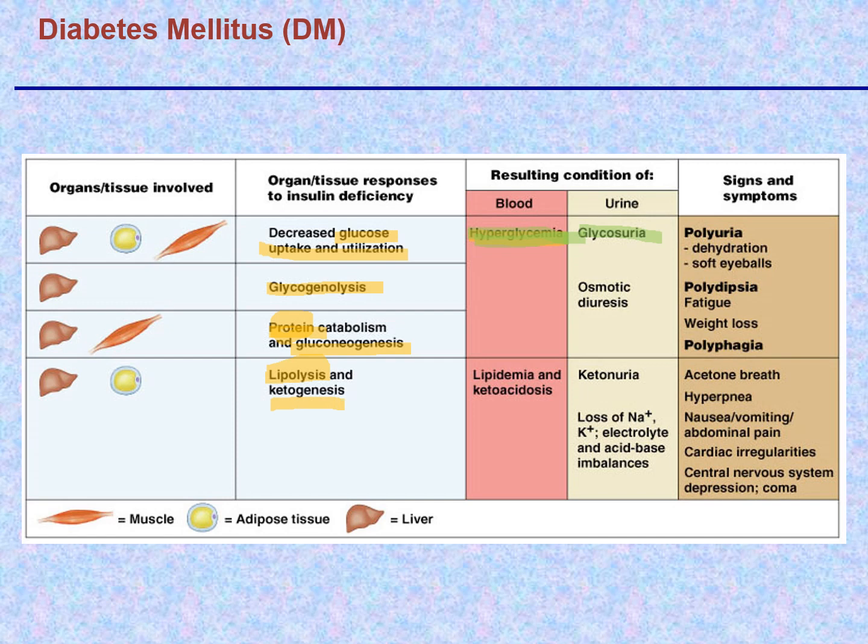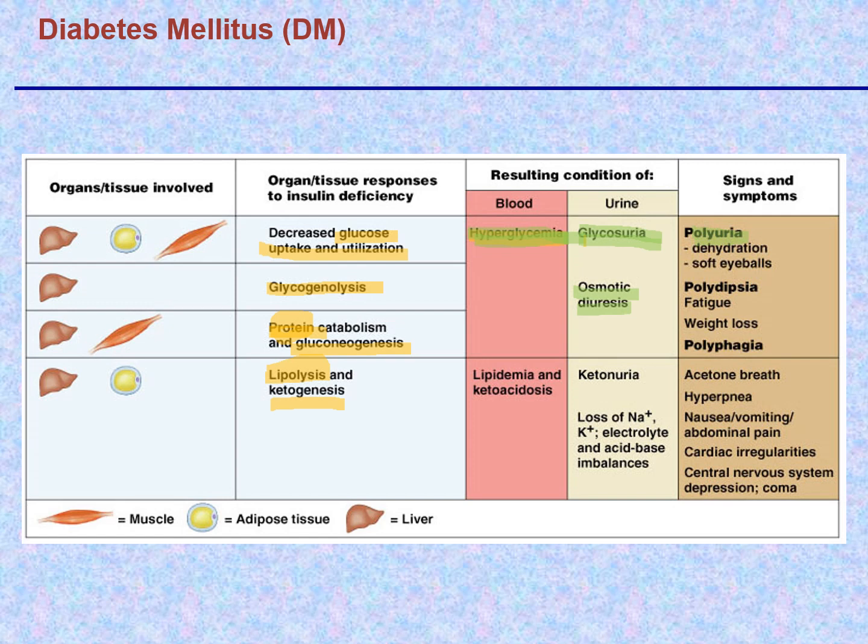Basically, the end result is, the key features that you can pick up, signs or symptoms, include glucose in the urine, osmotic diuresis, which basically means increase in urination, so polyuria.